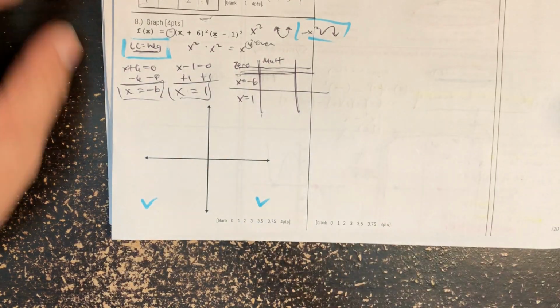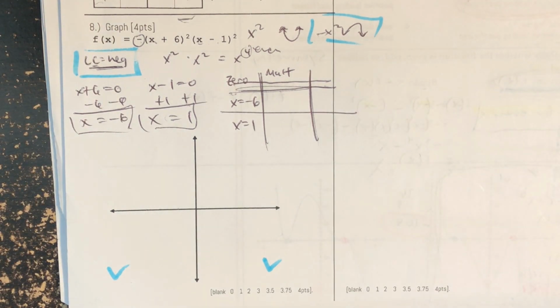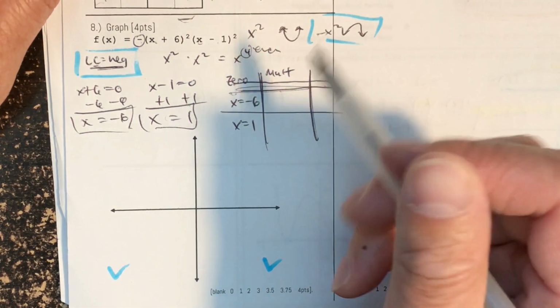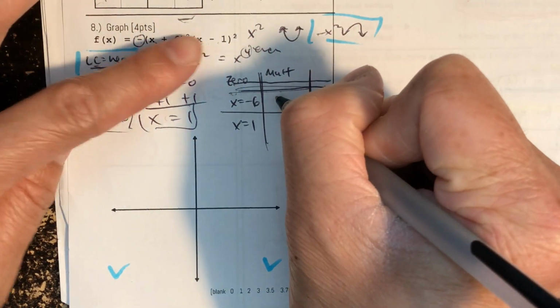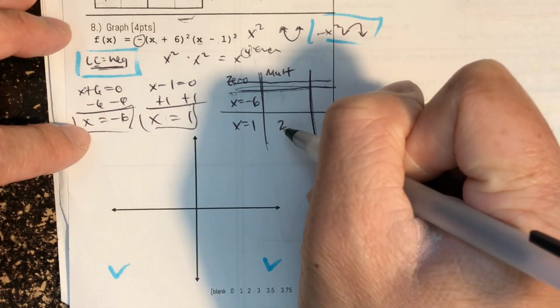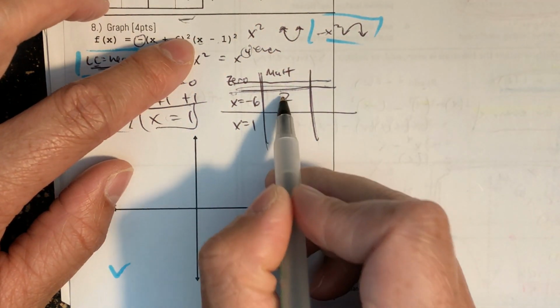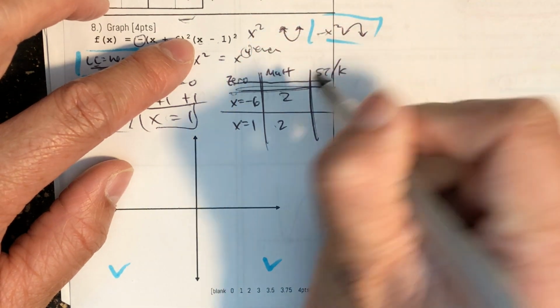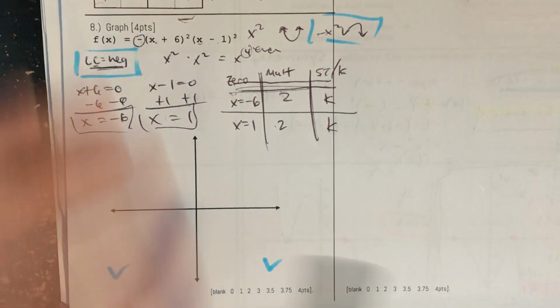See if I can zoom in there. Okay, so multiplicity in this case would be a 2 for the 1 and 2 also for the x equals negative 6. And these are both evens, so these are going to both kiss off the x-axis.